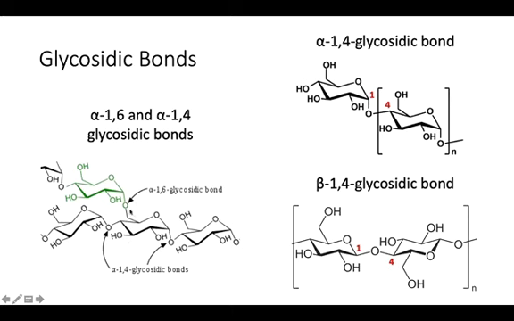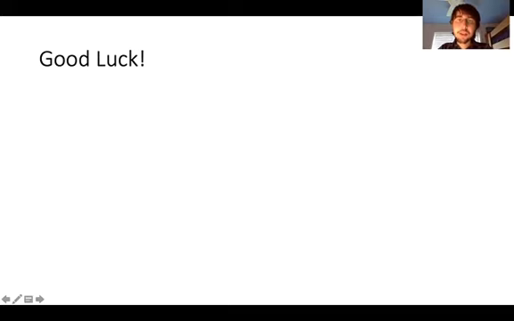And so this is an alpha 1,6 glycosidic bond. This one is an alpha 1,4 glycosidic bond. And so combining alpha 1,6 and alpha 1,4 glycosidic bonds is what enables one glucose molecule to attach to two others through its 4 and 6 carbons and create these branched chains that are important for quickly assembling and breaking down glycogen. So with that, that concludes my video on carbohydrates.